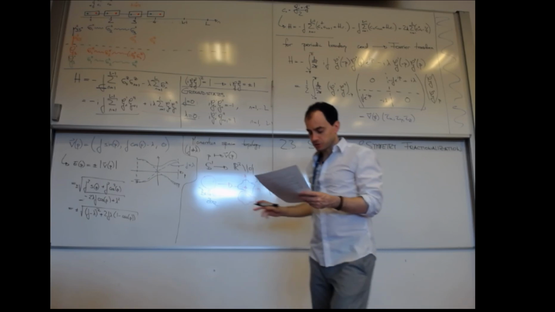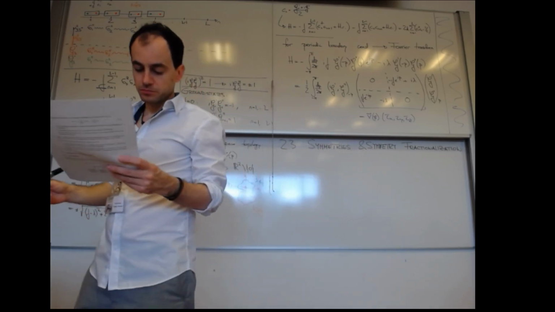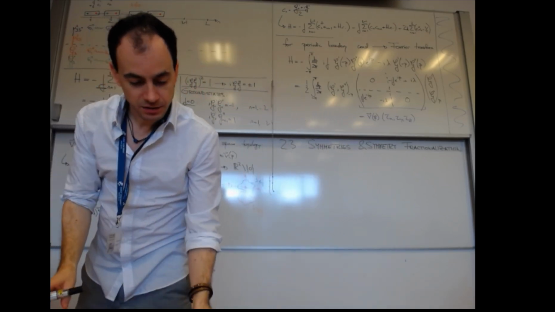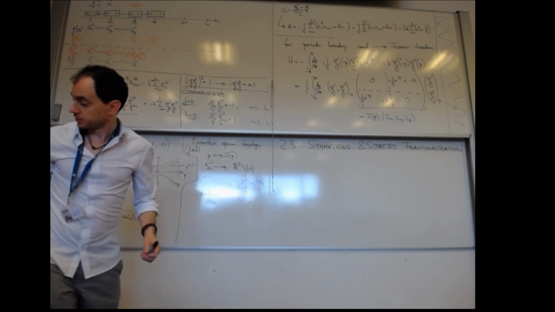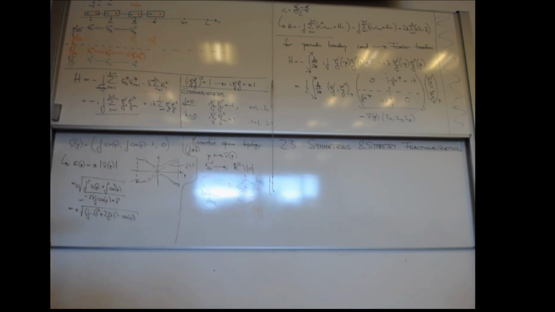So I mentioned before that there is a symmetry here, and the symmetry, yesterday I called it Q, which is just a product of all sigma x's. It is conventional to call it Q, because it's a conserved charge.